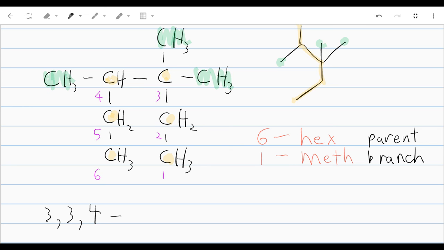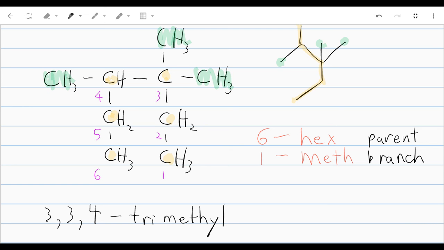So we have 3, 3, 4. There's 3 of them, so we're going to put a tri prefix. They each have 1 carbon, so we put the meth prefix. And these are branches, so we add the ul suffix. So we start off with 3,3,4-trimethyl.